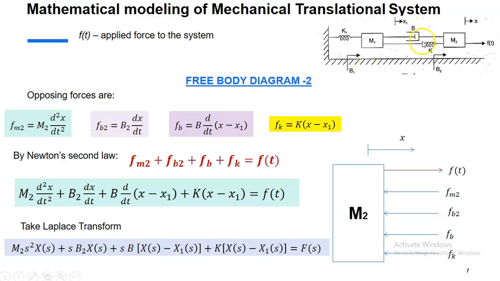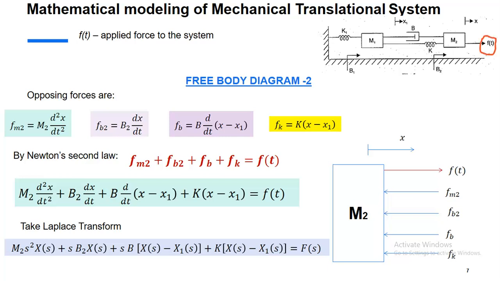Now we have another mass, so we have to draw the free body diagram too. You can see here M2. If you see this particular M2, you have the components like B2, K and F. This is B. So totally we have 4 elements which are connected and we have an applied force.